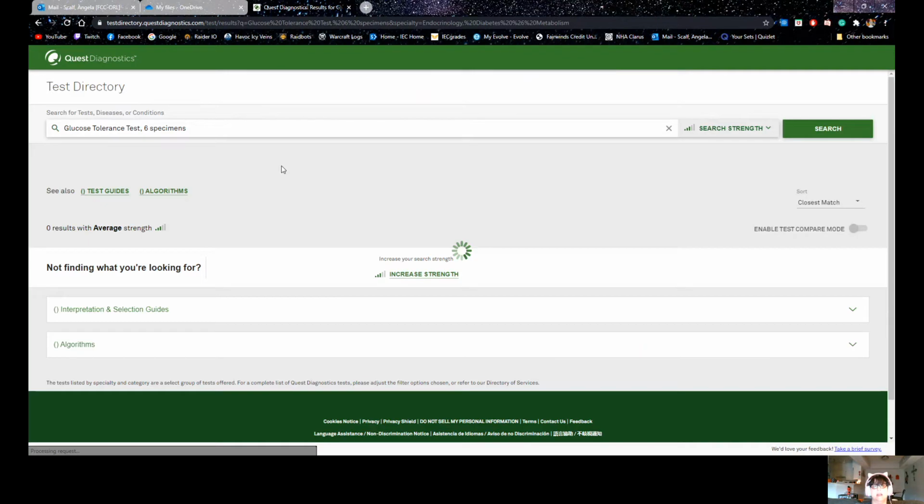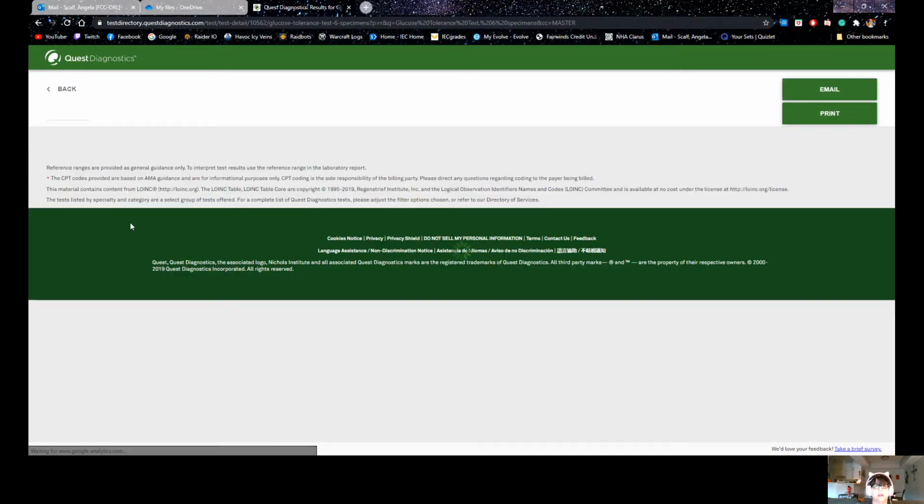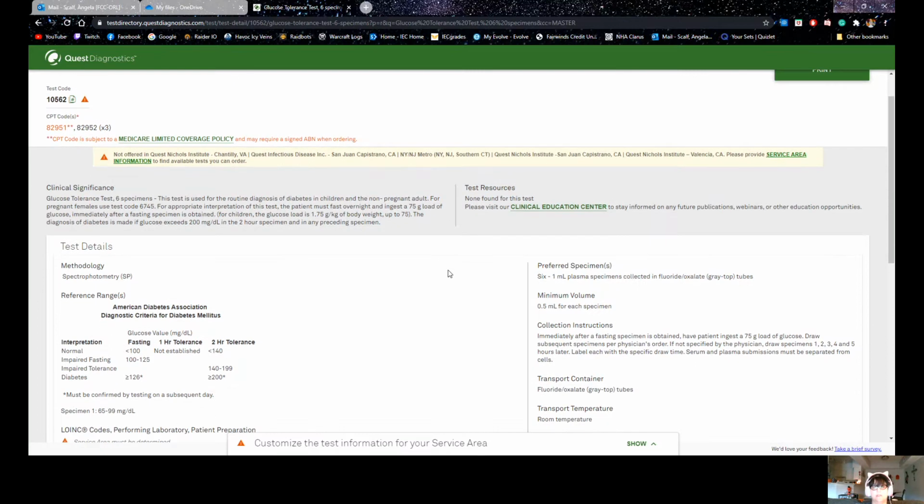So I'm going to click here, and if you needed to know the code, this is helpful because we do have to know our codes, and nobody expects you to memorize all these. Then if we click on it, it's going to give you a bunch of information. It even tells you how Medicare has limited coverage.